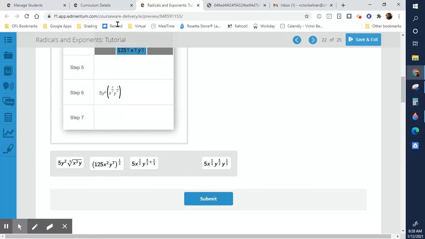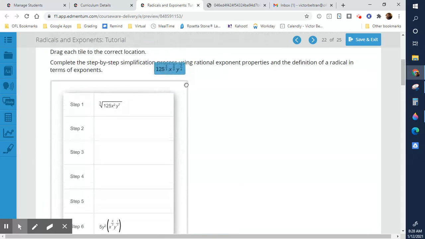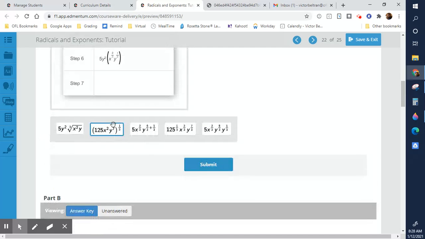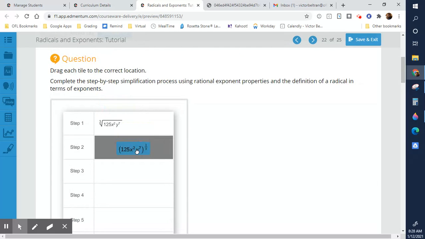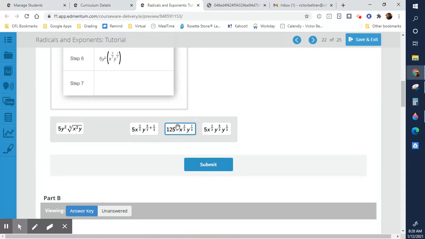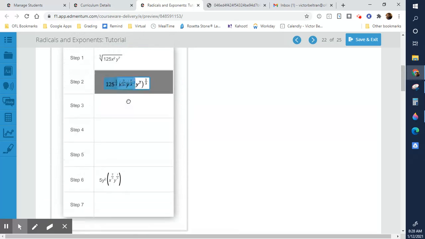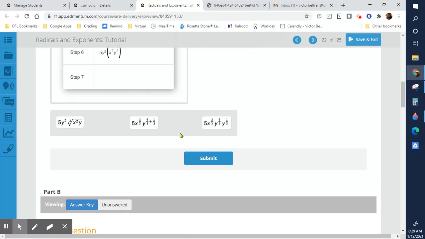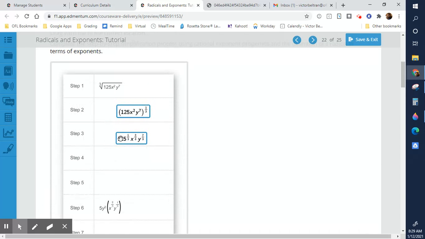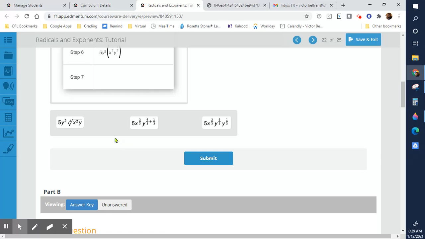They want us to do this one first, everything to the 1/3, and then they want us to distribute that 1/3 to everything after we do that. I was actually hoping to find this one first, but I saw this one first. And then from there, we're going to break everything up. So we find that 150 to the 1/3 power is the same thing as, let's see here. Where is it?